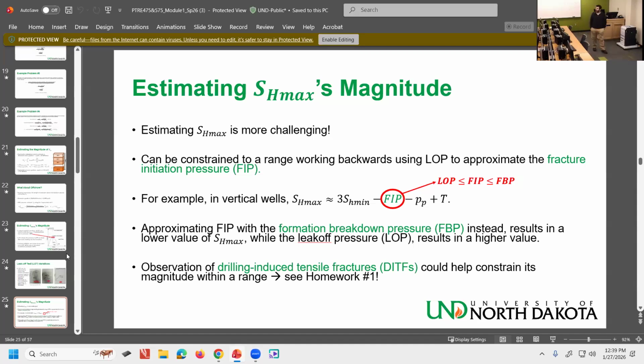I have seen papers written and master's projects made just to find the SH max magnitude in a certain location, because it's so hard to estimate. Most of the times, in normal faulting, SH max is between SV and SH min, so it's very, very hard to constrain. Other times it's the most compressive, like in reverse faulting and in strike slip faulting.